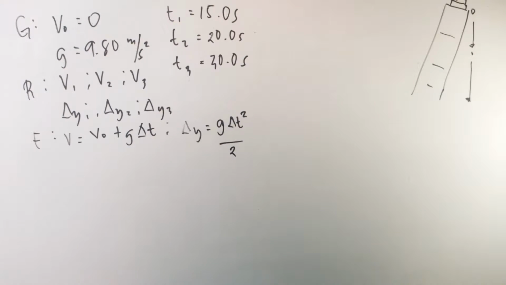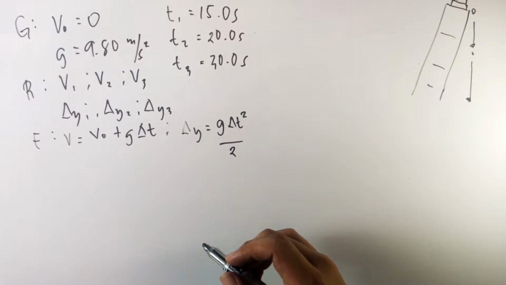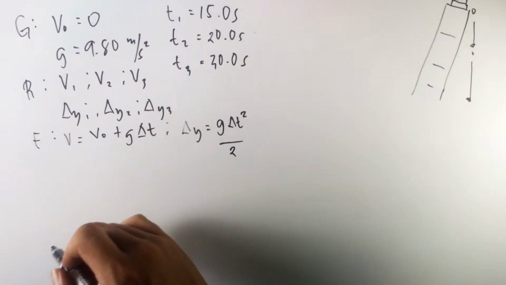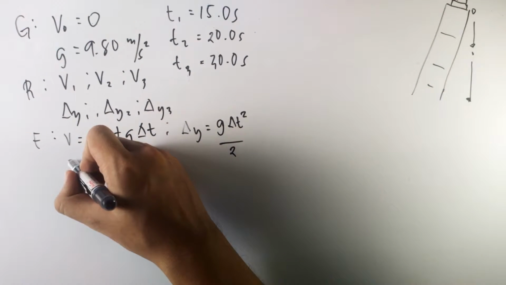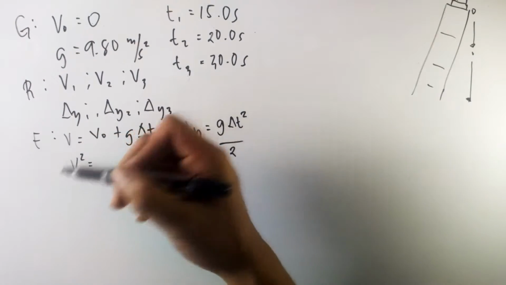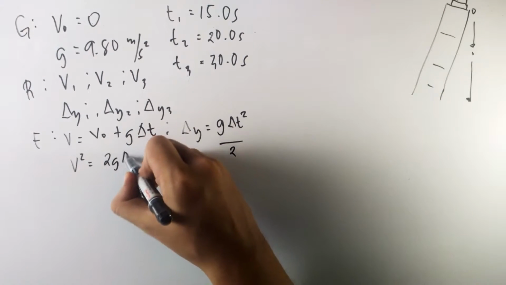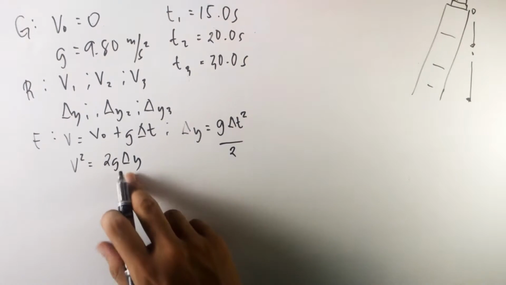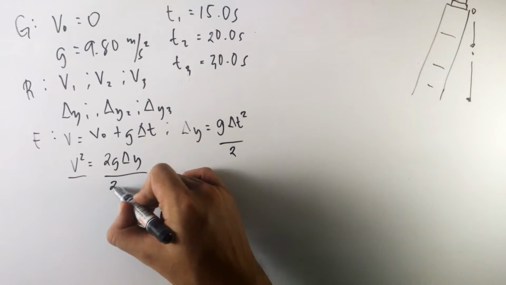If you fancy to use the fourth equation, that would be v squared is equal to, v sub 0 squared is cancelled because the value is already 0, so that's 2g delta y. Since we need delta y, you're going to divide both sides by 2g.